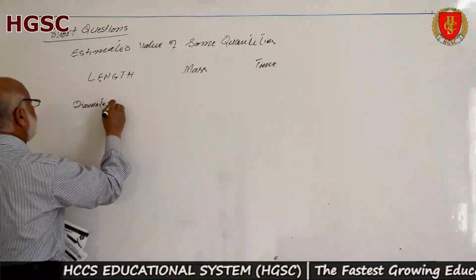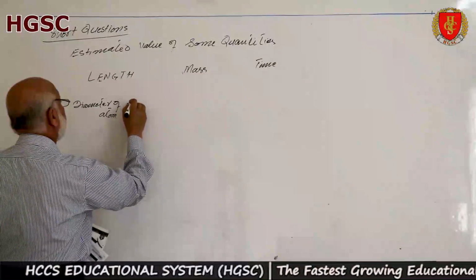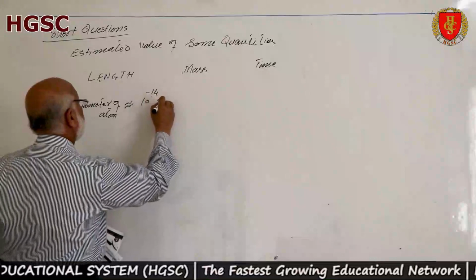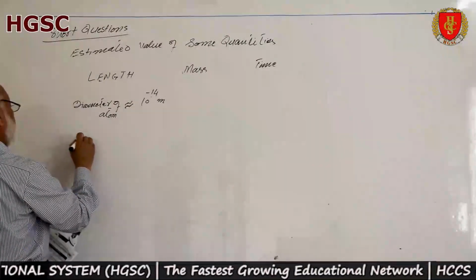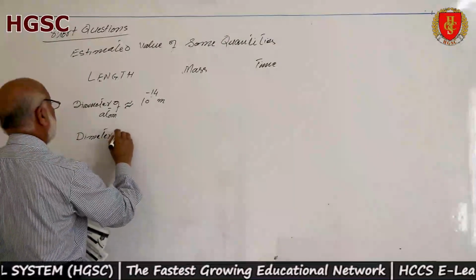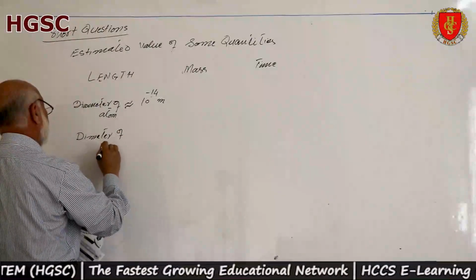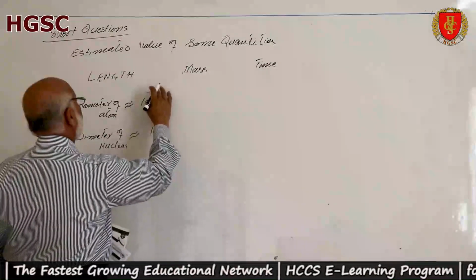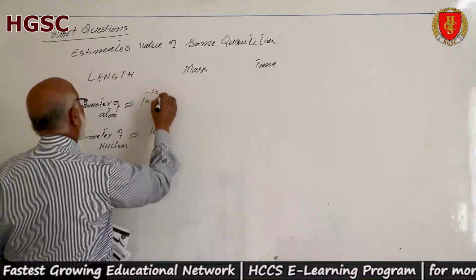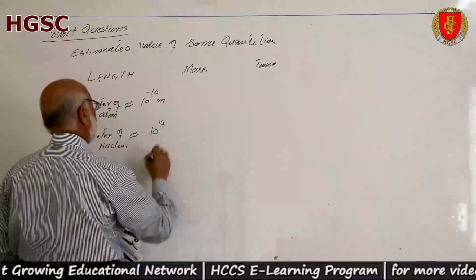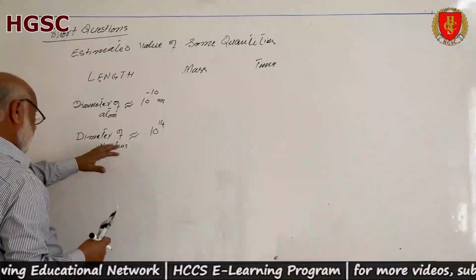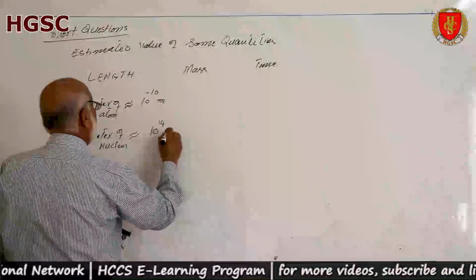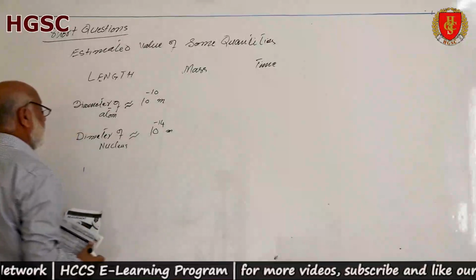Diameter of atom is of the order of 10 per minus 10 and diameter of nucleus is of the order of 10 per minus 14. Then it means nucleus is smaller than atom, approximately 10 power 4 times smaller.